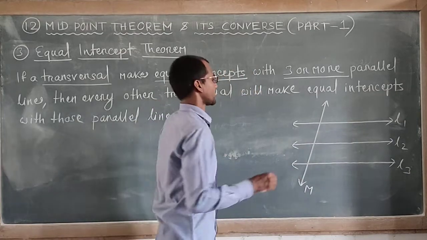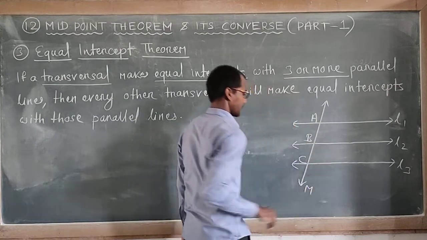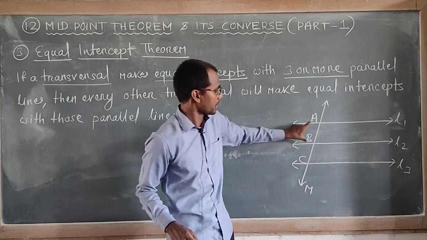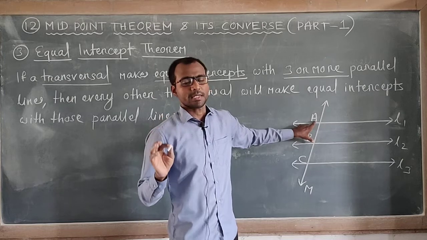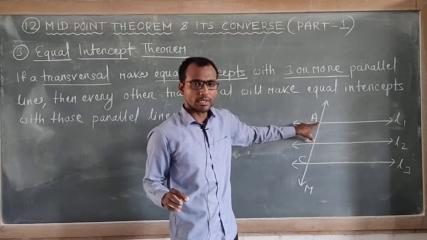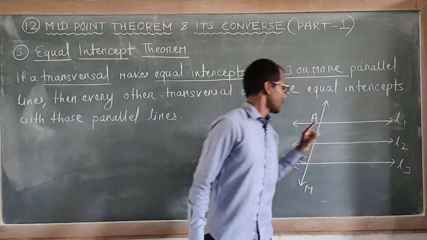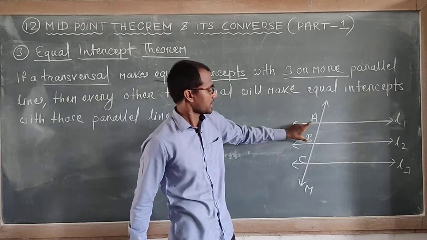So let the points of intersection be A, B, C. Okay, now this is called intercept. Intercept means gap between the 2 points of intersection. A is one point of intersection with the line L1, B is the point of intersection with the line L2, C is the point of intersection with the line L3. So these are called intercepts.